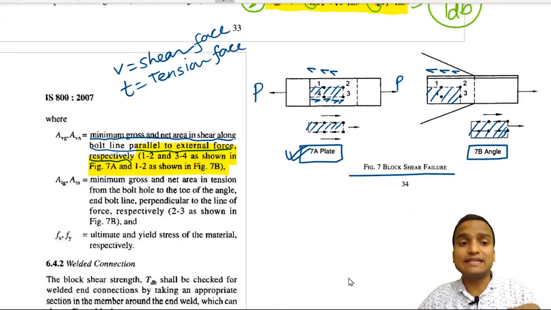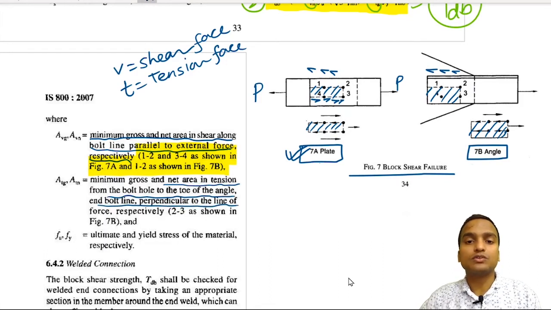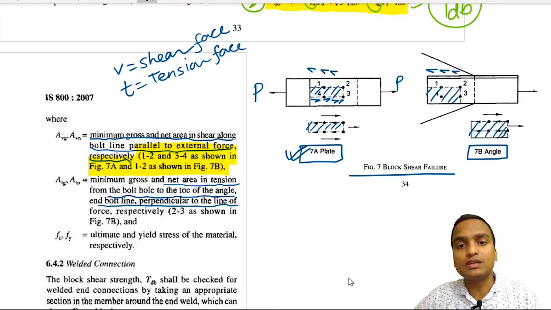Now what are ATG and ATN? ATG and ATN are the minimum gross and net area in tension faces perpendicular to the line of force. Here the face is 2 3 in the case of the plate, and you can apply the tensile forces here like this.